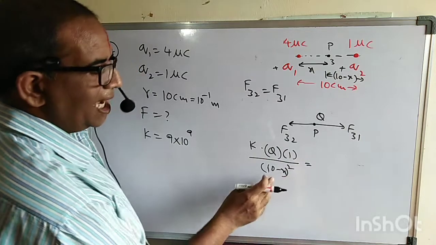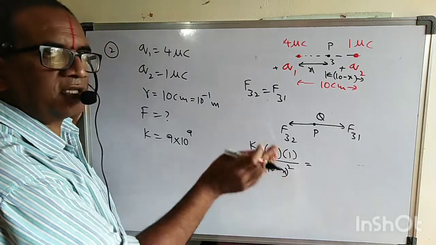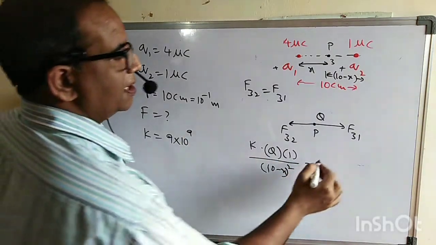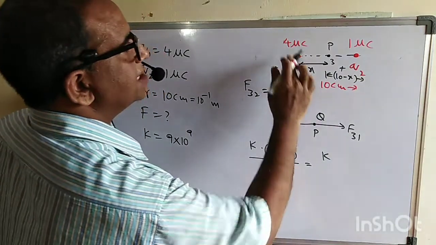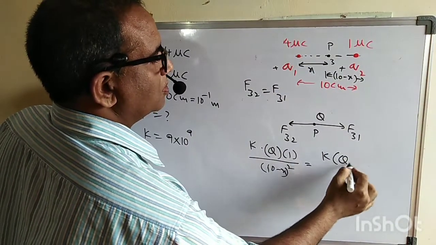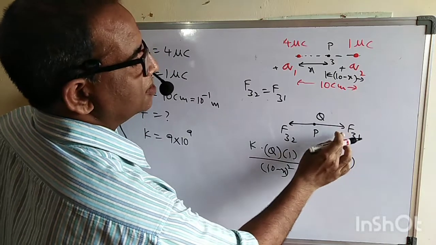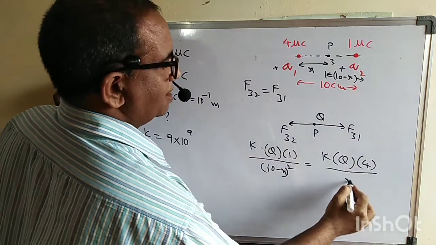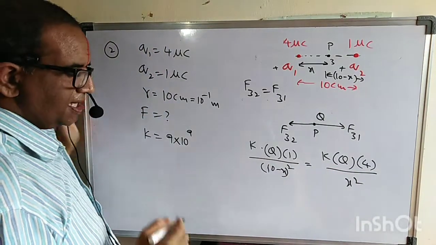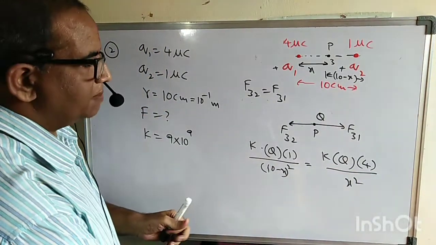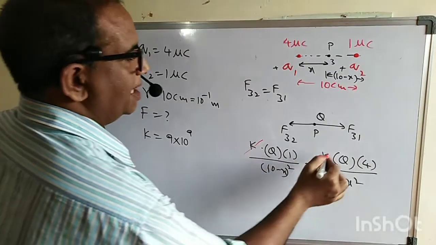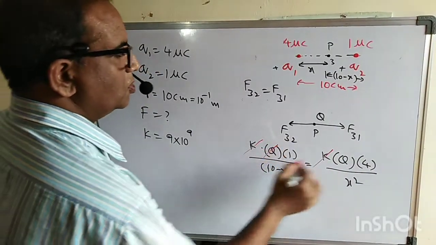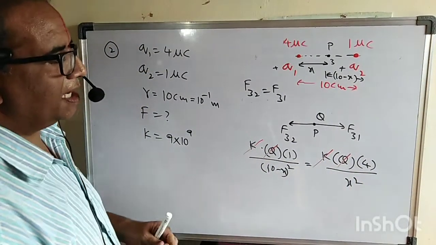I have taken centimeter only, so the answer will also come in centimeter. That equals K, what is the charge here? Q, K times F31, which is nothing but 4 by x square. Now see what will cancel here: K will cancel, Q will cancel.